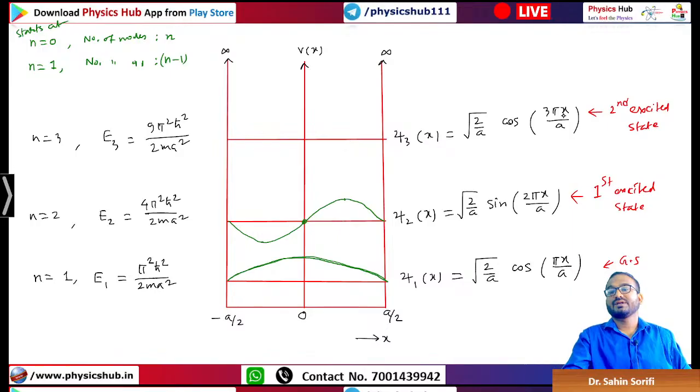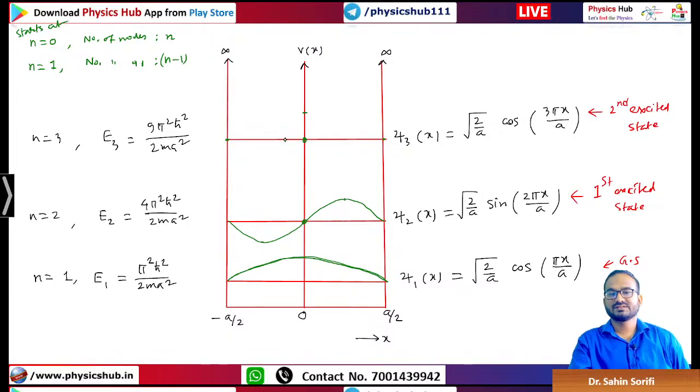Look, n equals 3, it is cos 3 pi x by a. So we check the value at x equals 0. Cos 0 is 1, so it will pass through this point. At a by 2, it is 0 here, and here also it is 0. In between, maybe a by 6. If you consider a by 6, it will be cos pi by 2.